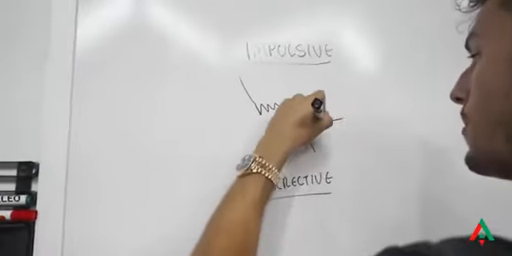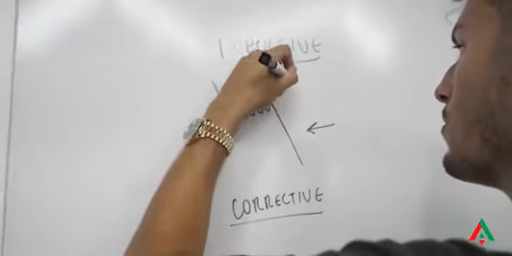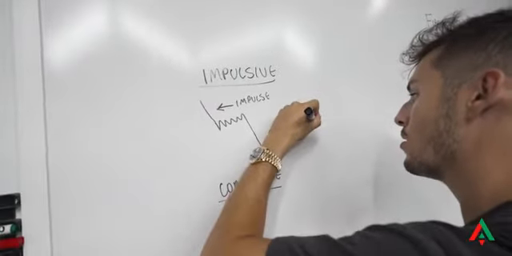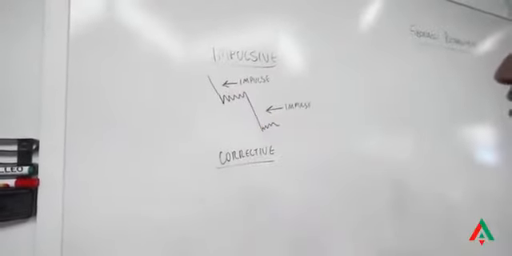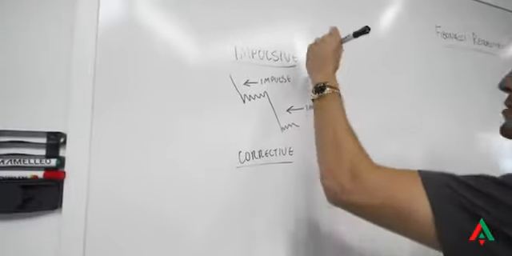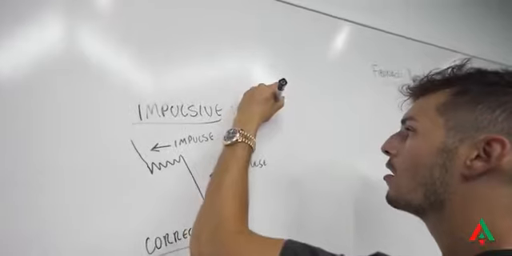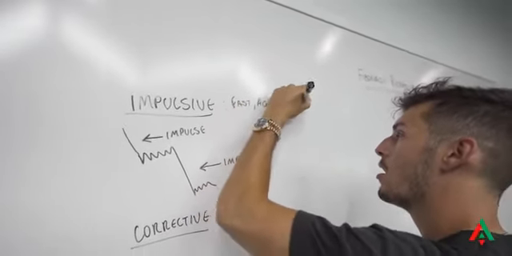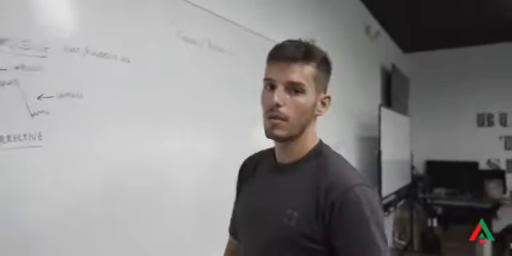So your impulses are your fast, aggressive legs of price action. You can write that: fast. This is a very important element to an impulsive leg.